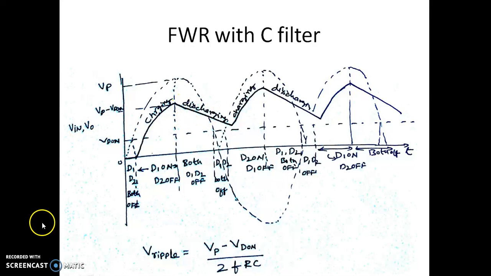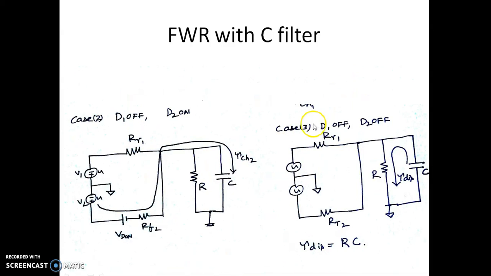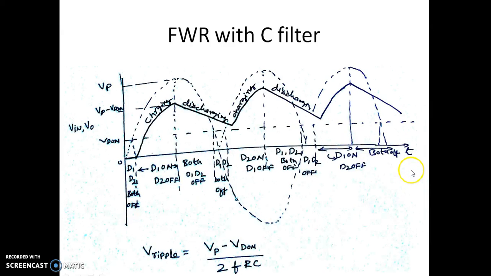The capacitor discharges to ground through the resistor R, having a time constant that is the resistor R and the capacitance C. So it is discharging through resistor R, and the time constant is R into C. That is what is happening when both the diodes D1 and D2 are off. It will keep on discharging as long as both diodes are off.